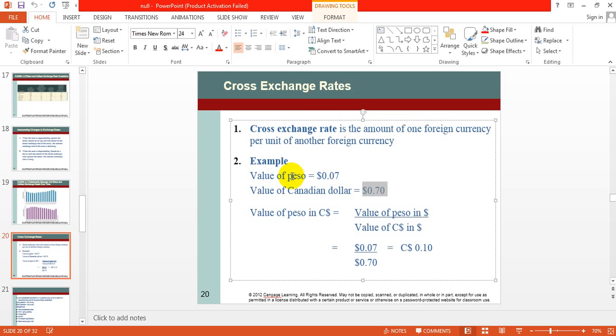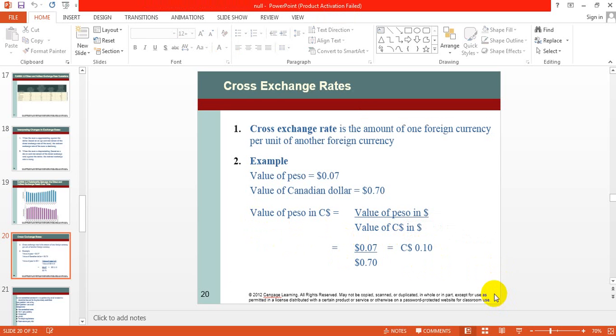So you can find the value of the peso in Canadian dollars. The value of the peso in dollars is 0.07 and the value of the Canadian dollar in dollars is 0.70, so 0.07 divided by 0.70, we got 0.10. So 1 peso is equal to 0.10 Canadian dollars. So the cross exchange rate is basically the amount of one foreign currency per unit of another foreign currency.